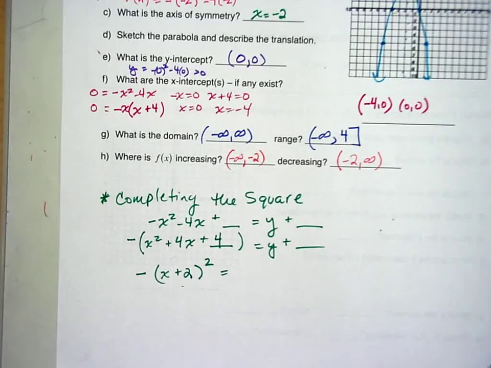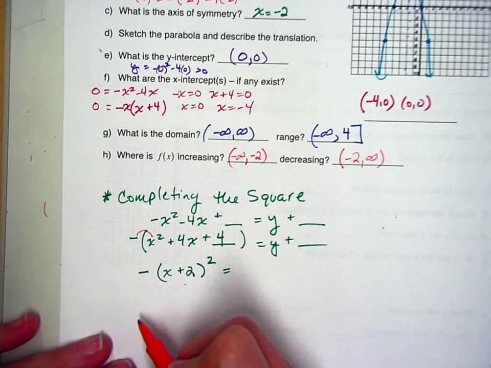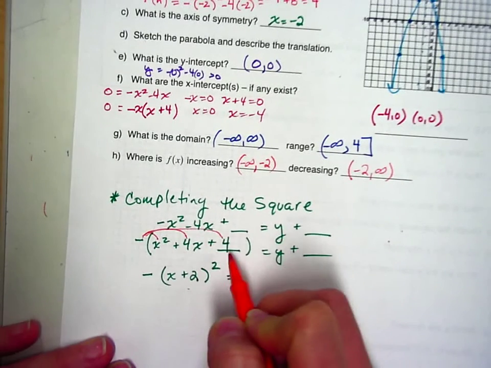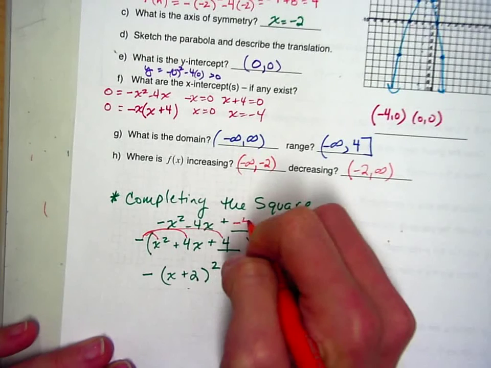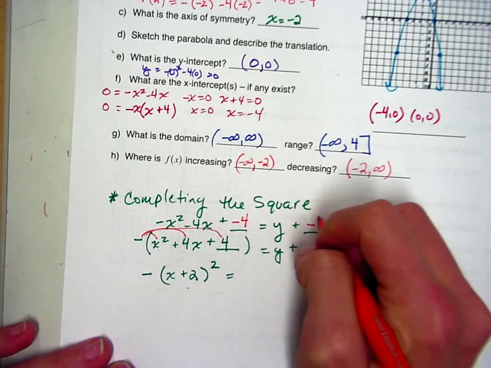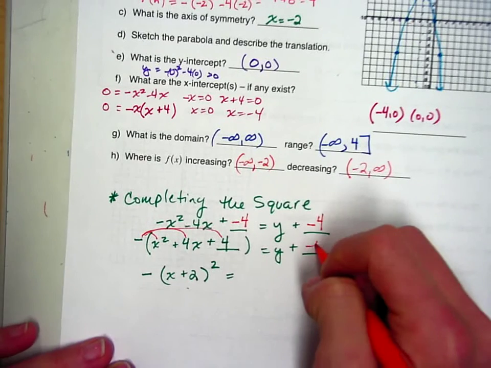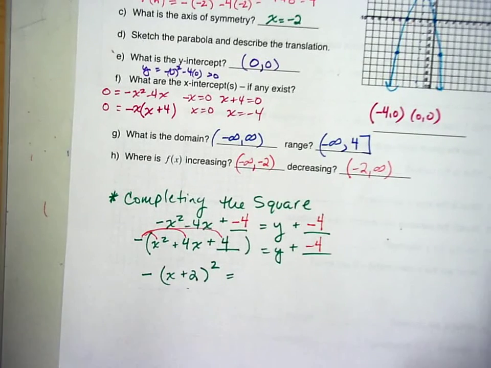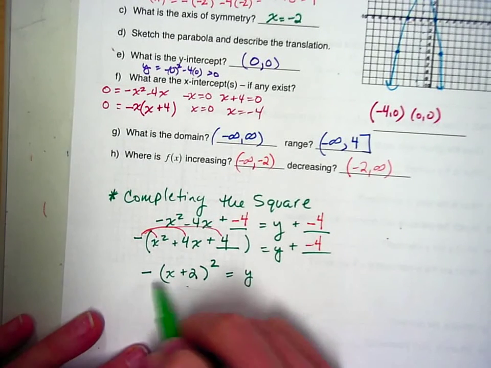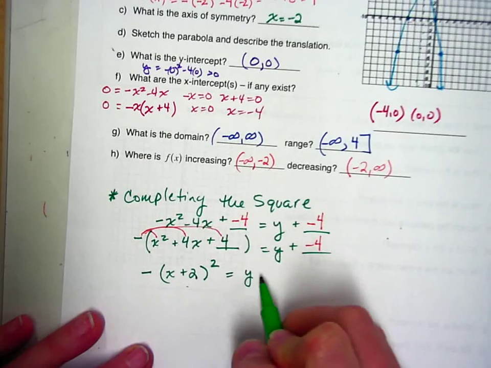Again, it's really negative x squared, it's really minus 4x, and this is really going to be minus 4 here. But what you add to one side, you add to the other. Then we have the opposite of x plus 2 squared equals y minus 4.